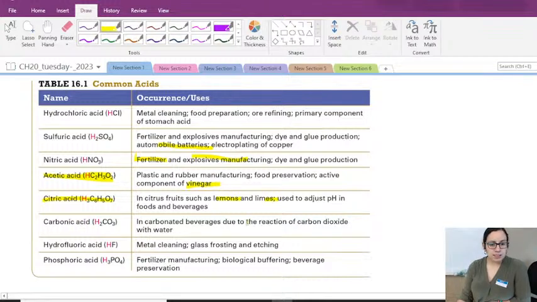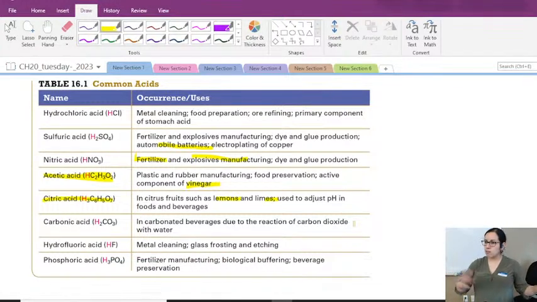Carbonic acid is in our carbonated beverages due to the reaction of carbon dioxide and water. There's also going to be a small amount in equilibrium in the sea, so you can think about that. It's all one big carbon cycle. If you have more CO2 in the atmosphere, then more can become dissolved in the ocean, and it goes back and forth as well.